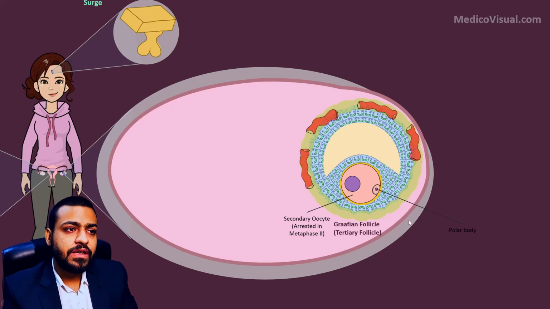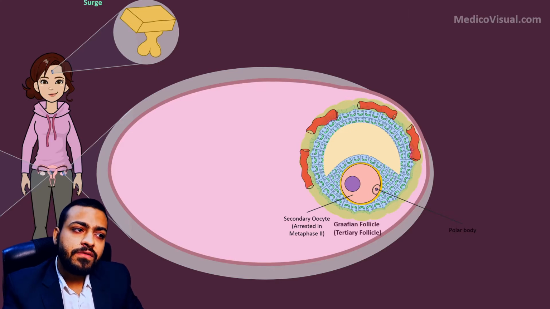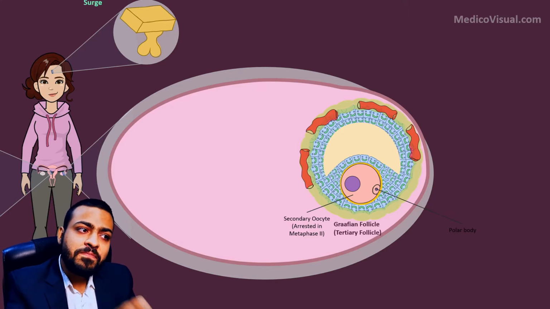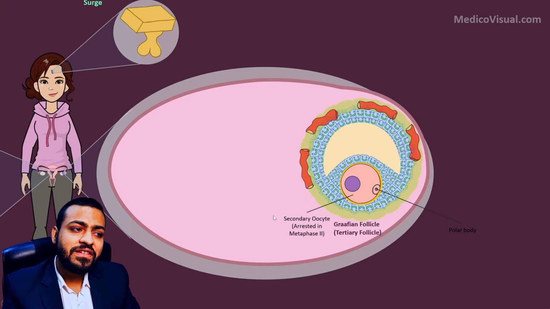So one of the functions of LH is to release the arrest of the primary oocyte. And remember, as the primary oocyte completes the process of meiosis 1, it is now not a primary oocyte, it is now a secondary oocyte, and the secondary oocyte is arrested in metaphase 2.